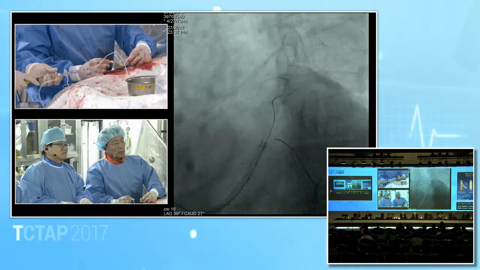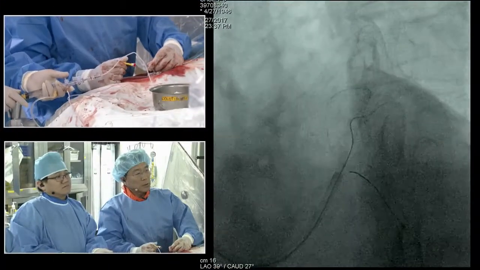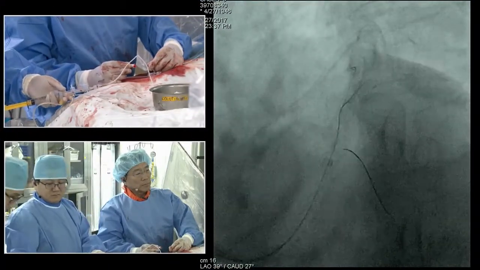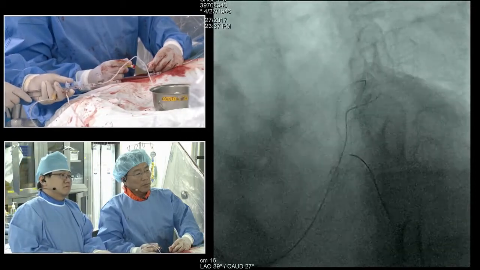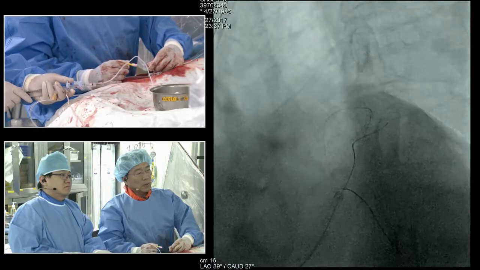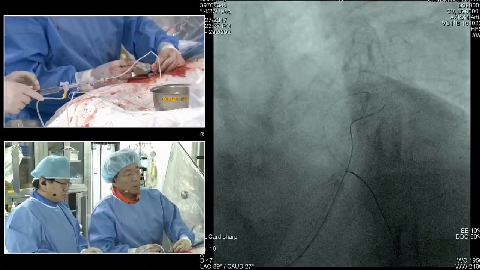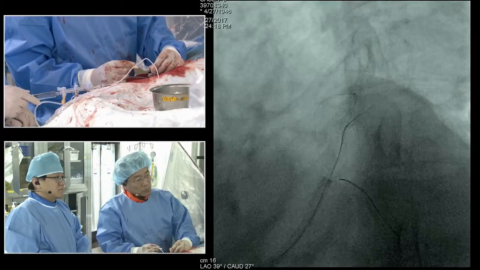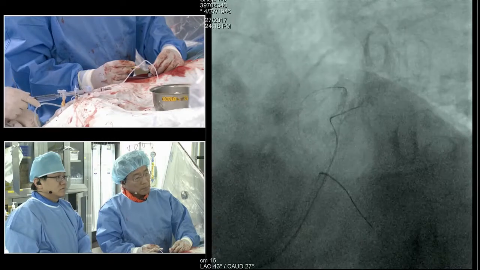It will take time, and so I don't push too much. Just rotate a little bit. Okay. There is another disadvantage of hydrophilic: the Choice PT wire is too flexible sometimes.